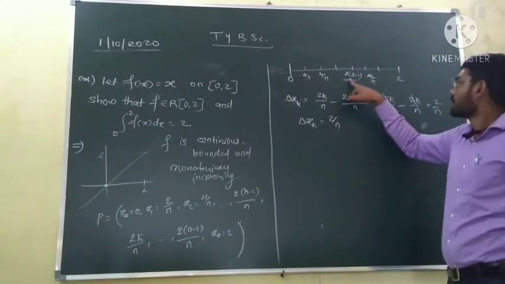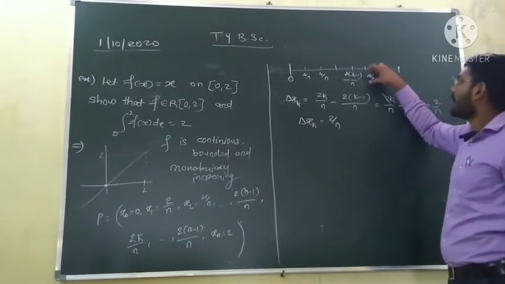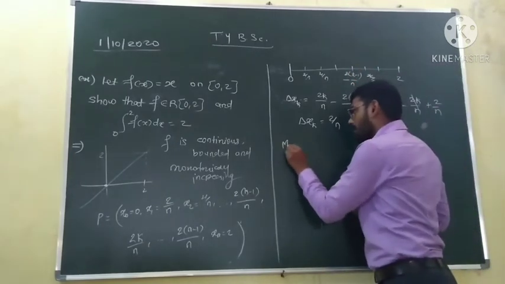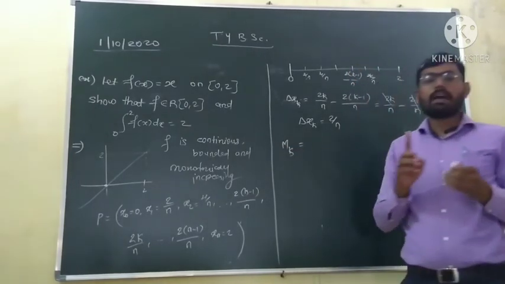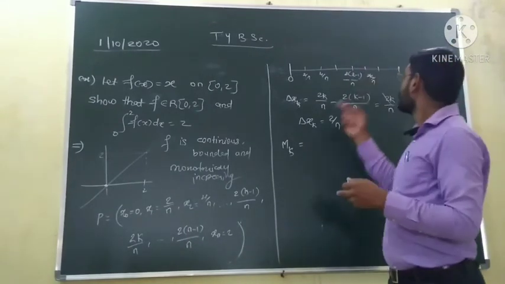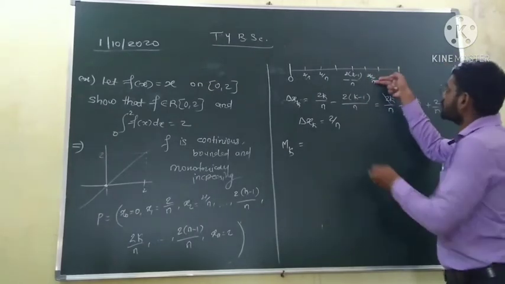So the maximum value of the function in the kth subinterval occurs at the right endpoint, and the minimum value occurs at the left endpoint. So capital M_k, the maximum or supremum value of the function in the kth subinterval, occurs at the right endpoint, that is 2k by n.